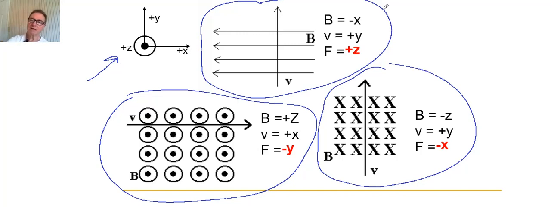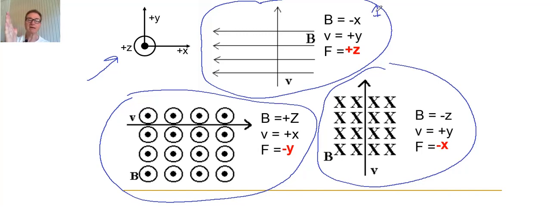So let's look at this one first. What we have is the velocity of a particle that is moving in the upward direction. We'll make sure we believe it's a positive particle. So the velocity of the particle, because the v is right next to that line, is moving upwards on the page. So my fingertips are going to point up. The magnetic field, which is given by the capital letter B, is pointing to the left on my page.